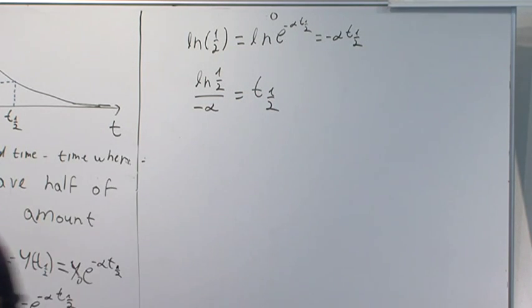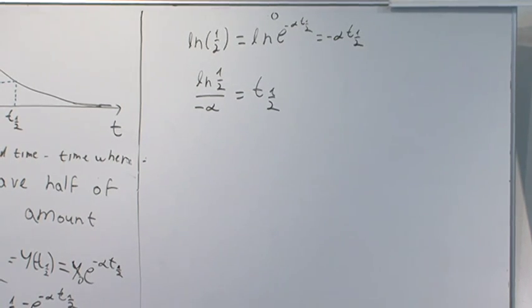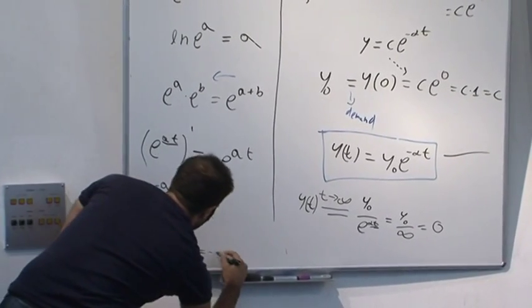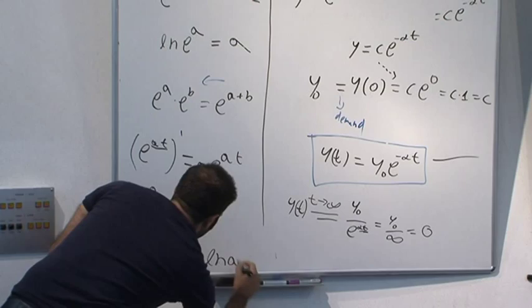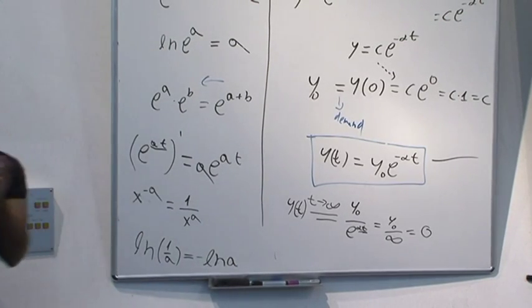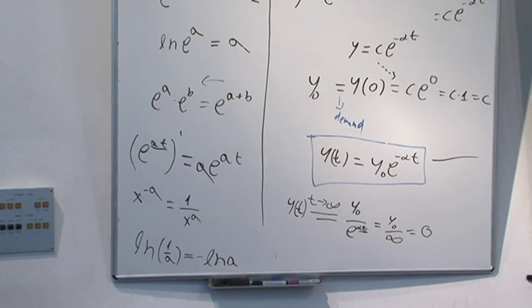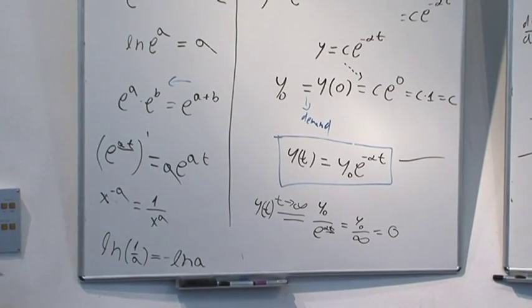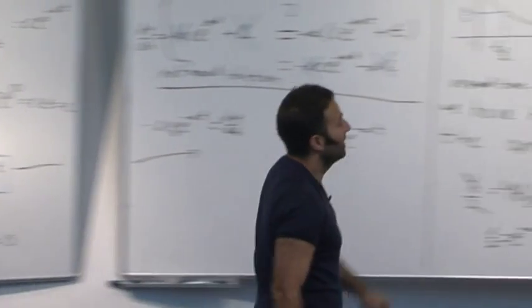Another rule: ln of 1 over a equals minus ln of a. In the end, we'll have a small notebook with a few mathematical rules. So we will use this now here.